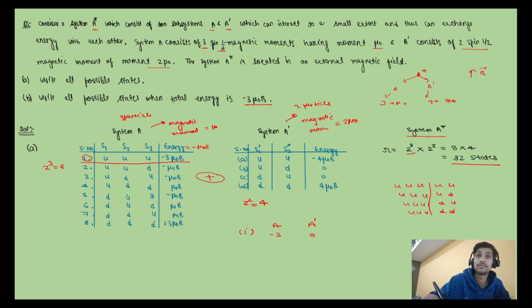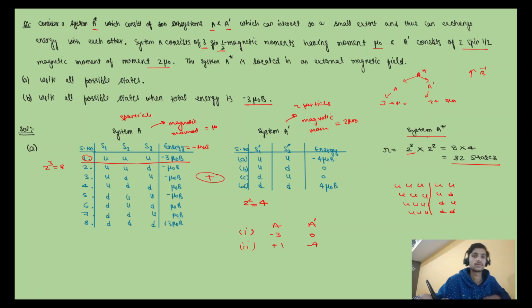Or what will be the other case? That can be plus 1 here, and then minus 4 here. In that case also we will get a total of minus 3 mu naught B. Now I think there is no other possible combination in which we can get this total energy as minus 3 mu naught B.